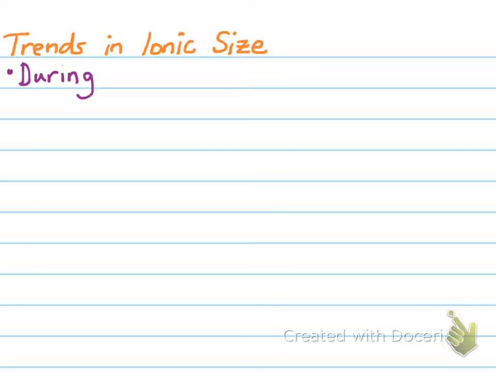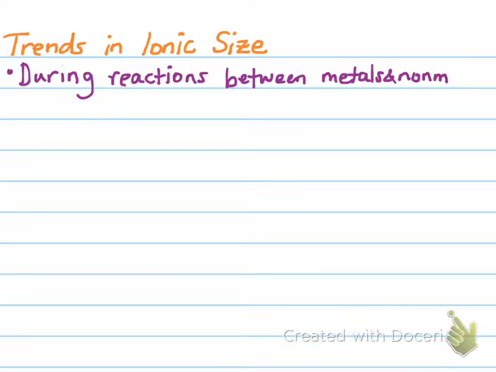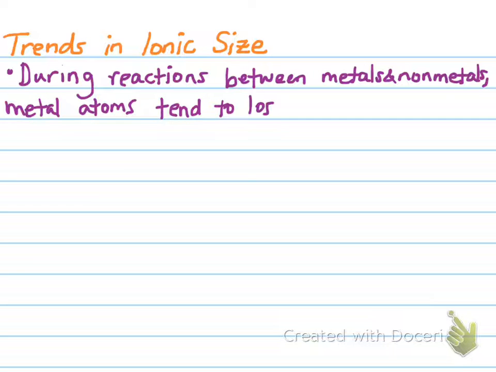During reactions between metals and nonmetals, metal atoms tend to lose electrons, which means that they become a cation because they have more protons than they do electrons.